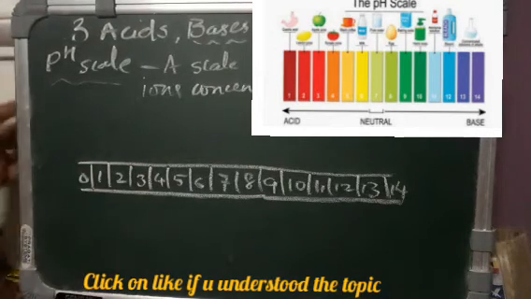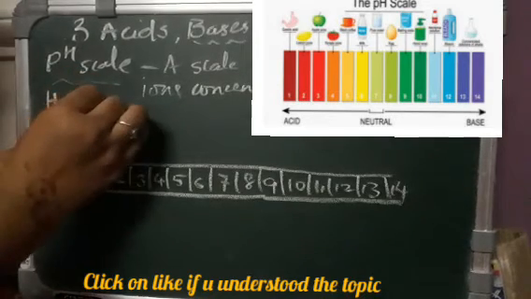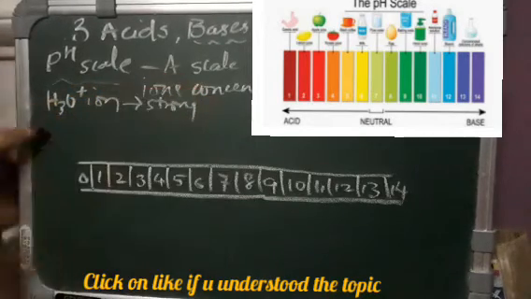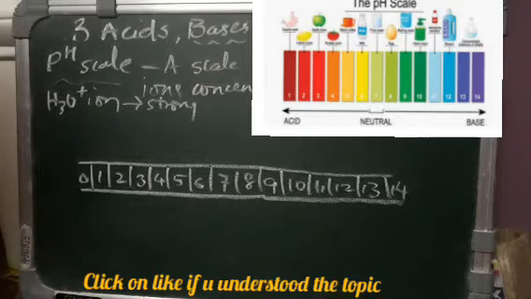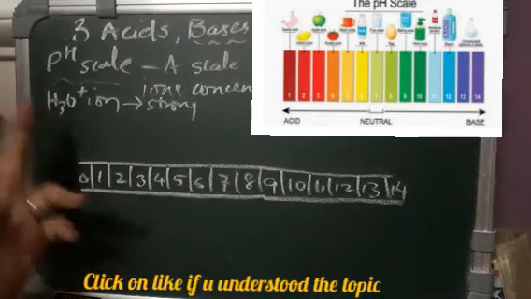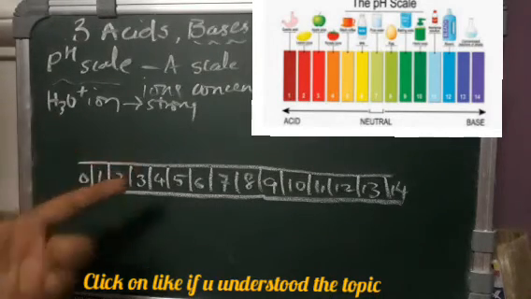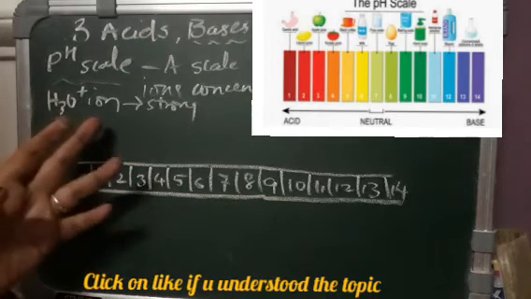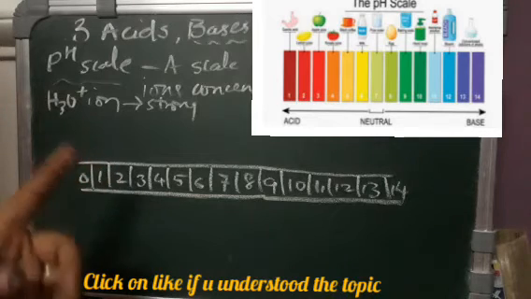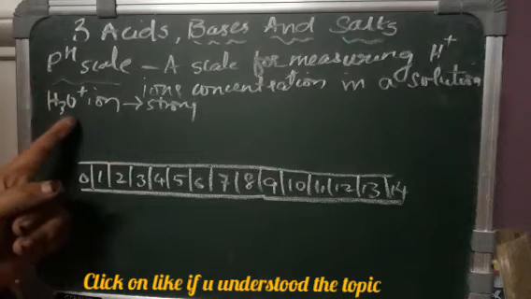More H3O plus ions, you can consider it as strong, and fewer H3O plus ions, you can consider it as weak. The strength of the acid or the base depends on the concentration of H3O plus ions or OH minus ions produced in the solution.